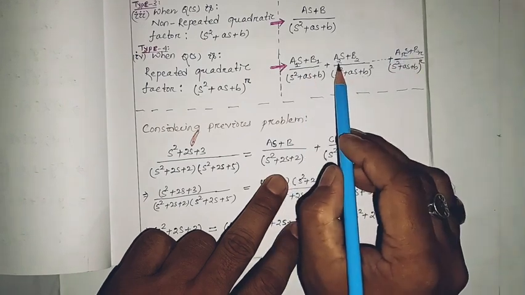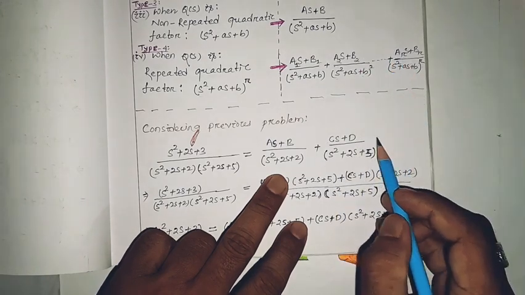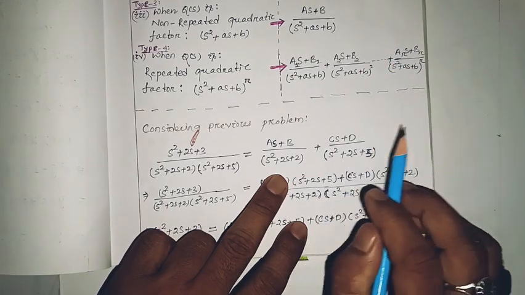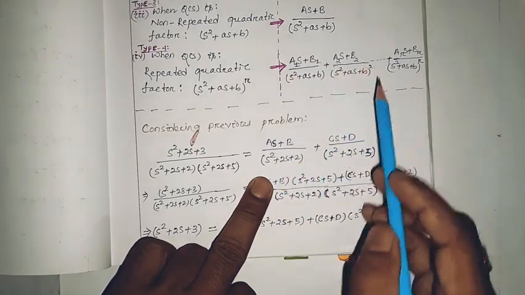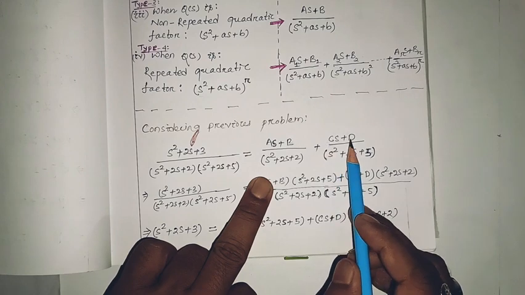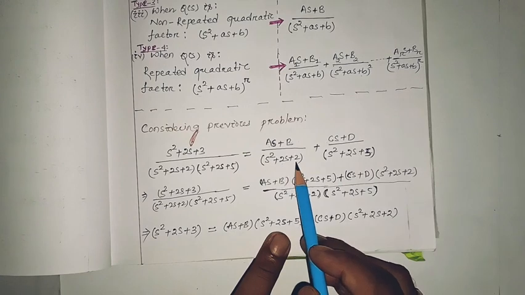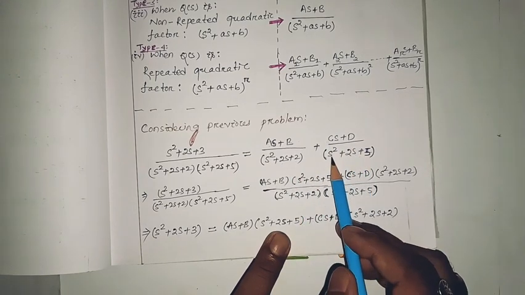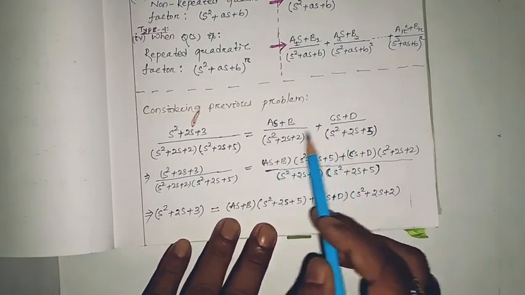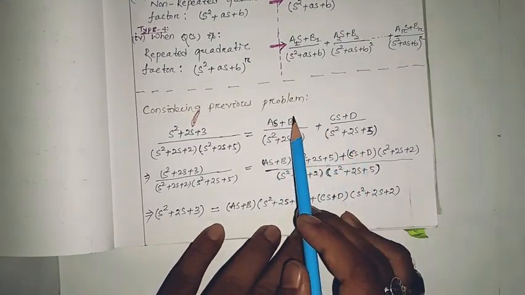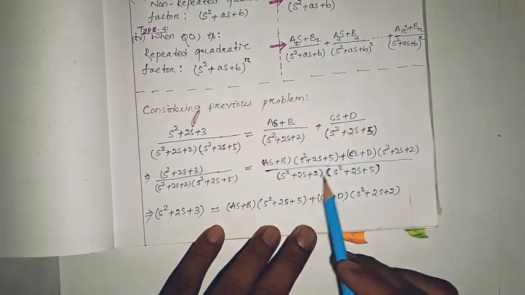So instead of a2, b2 we can write c, d, and a3, b3 can be written as e and f, and so on. Instead of a1, b1 we have written a, b, and instead of a2, b2 we have written c and d. So (as + b)/(s^2 + 2s + 2) plus (cs + d)/(s^2 + 2s + 5). Then when we add these two terms, this factor will be multiplied with this one, and this factor with this one, all divided by the common denominator.